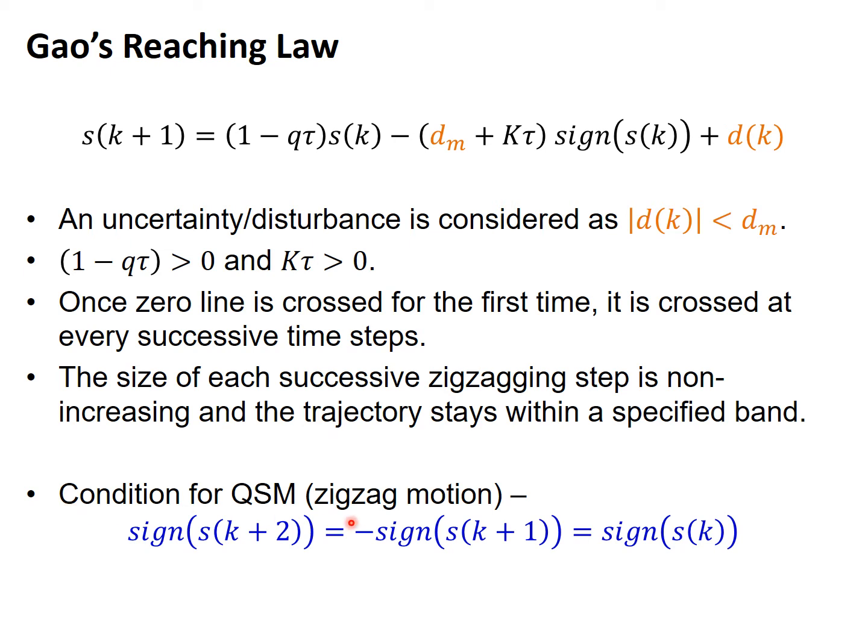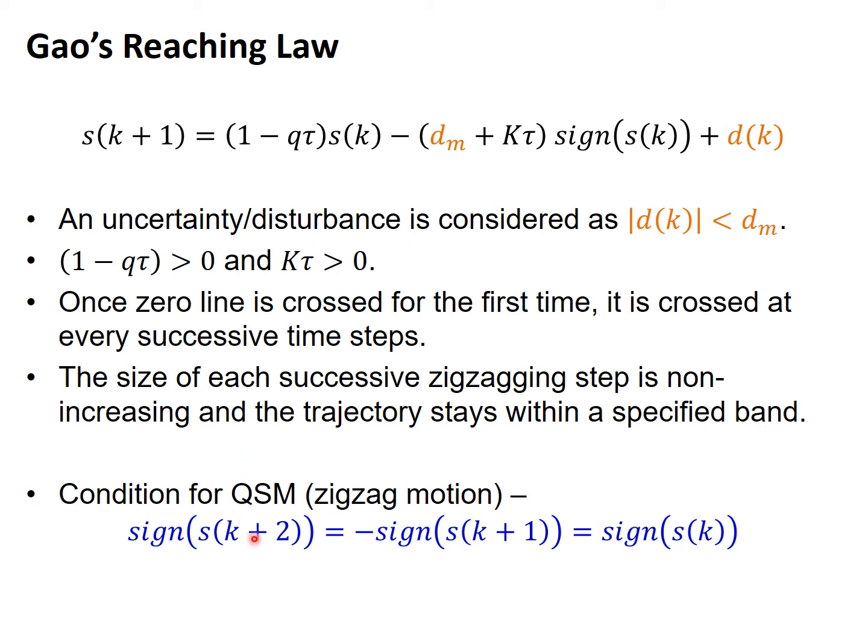The condition for quasi sliding motion or the zigzag motion. What is the condition? The condition is that sign of sk plus 2 must be equal to minus sign of sk plus 1, which would be equal to sign of sk. So this sign and this sign must be same. However, the intermediate sign must change. That is what we are saying.